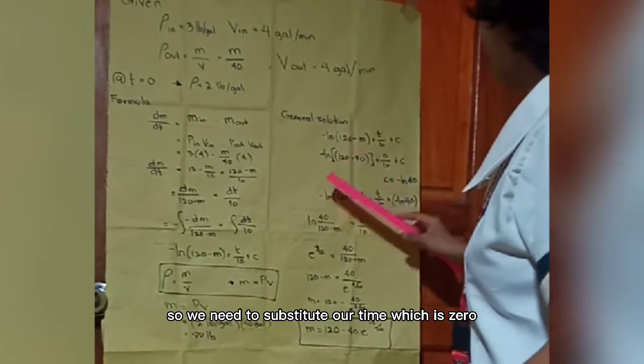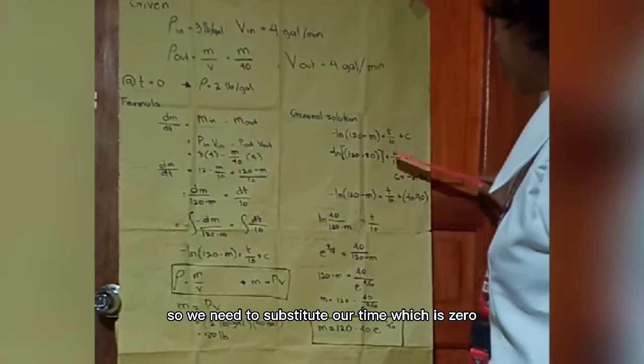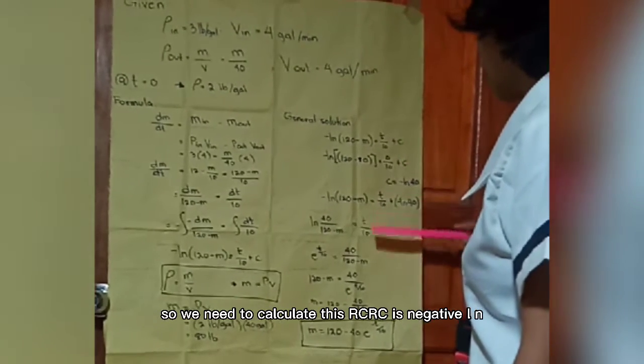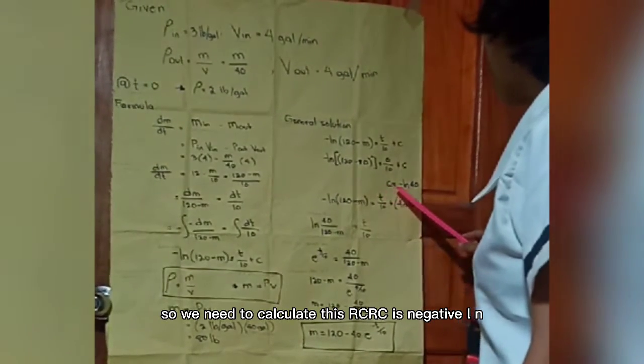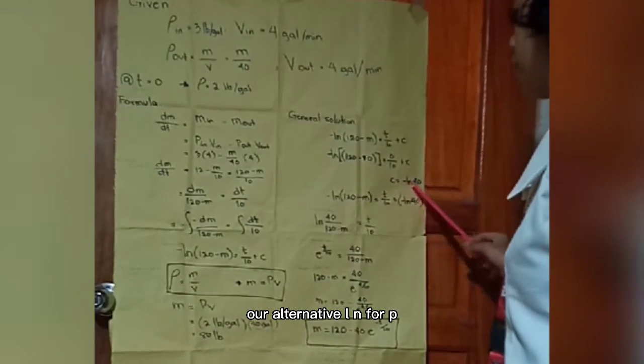So we need to substitute our time, which is 0, to calculate our c. Our c is negative ln 40.